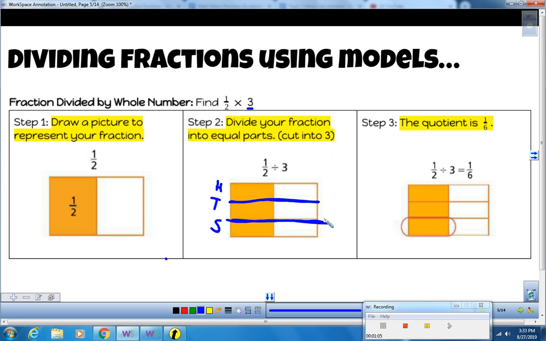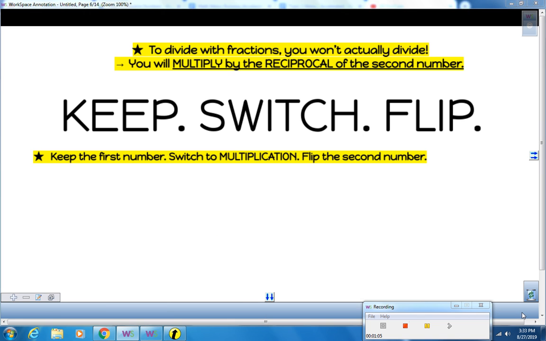So instead of just having 3 sections here, I have 6 sections total. So how much does Mr. Sandor get to eat? He would get 1 section out of 6. If you'd like to draw models, that is perfectly okay.